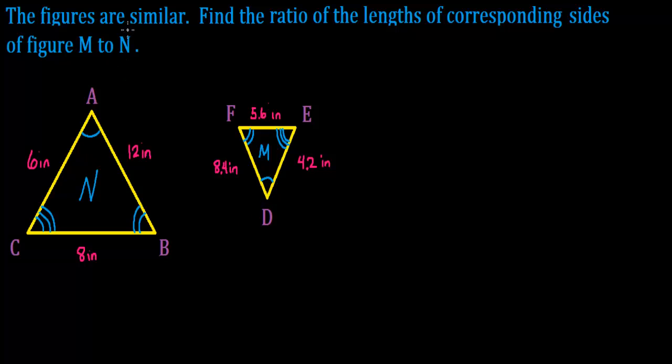Because I know that the figures are similar, already I know that corresponding angles are congruent. So they're showing me congruent angles. It must mean that angle A and angle D correspond. Same thing goes with angle B and angle F. They are corresponding angles. And angle E and angle C are corresponding angles because they are congruent. So with these symbols, I can try and write a similarity statement.